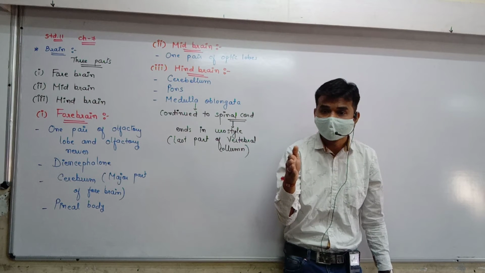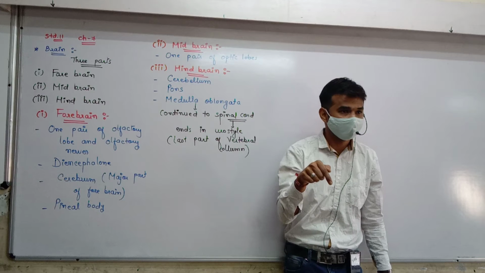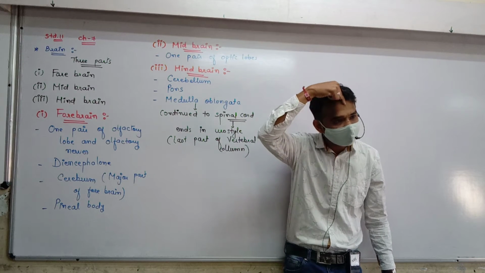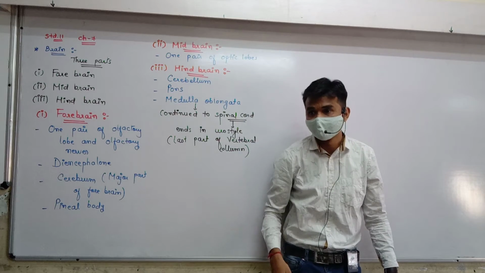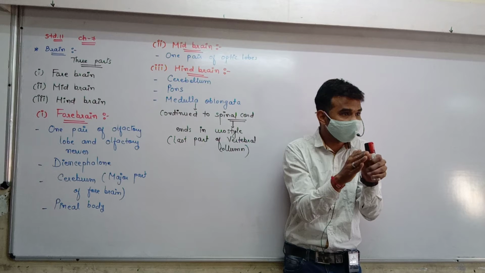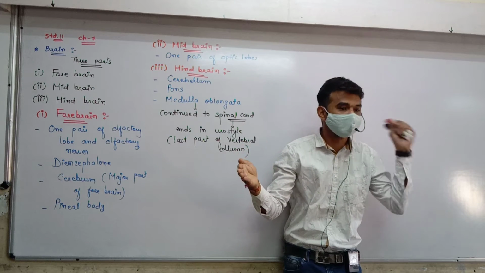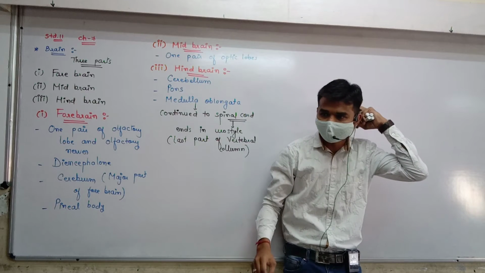But in our body, on the mid of the cranial bone, I am talking about inside it, the whole cerebrum is divided into two half parts, right half and left half.